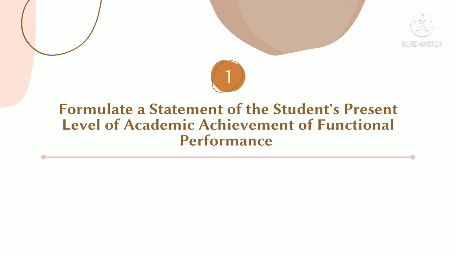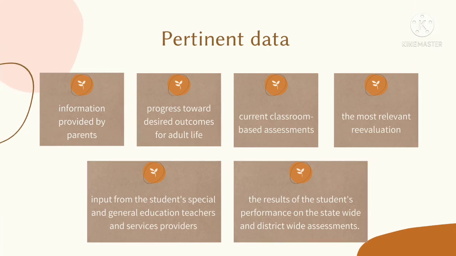When we say information, we are talking about the pertinent data. These include information provided by parents, progress toward desired outcomes for adult life, current classroom-based assessments, the most relevant reevaluation, the input from the student's special and general education teachers and service providers, and, as appropriate, the results of the student's performance on the statewide and district-wide assessments.